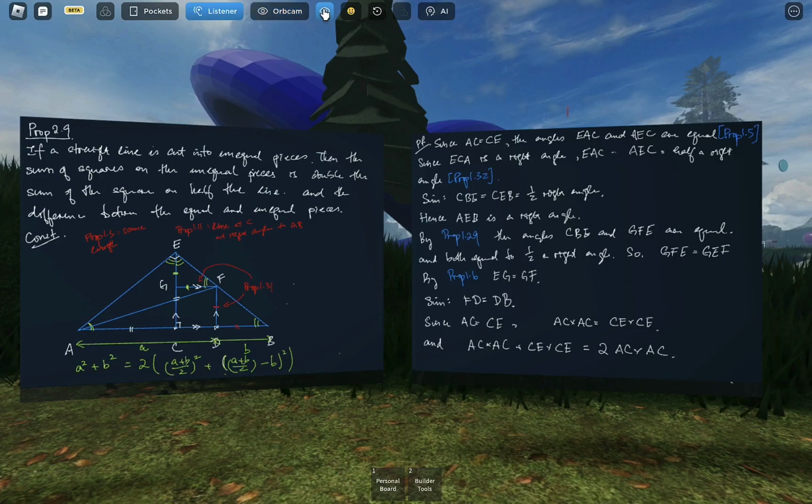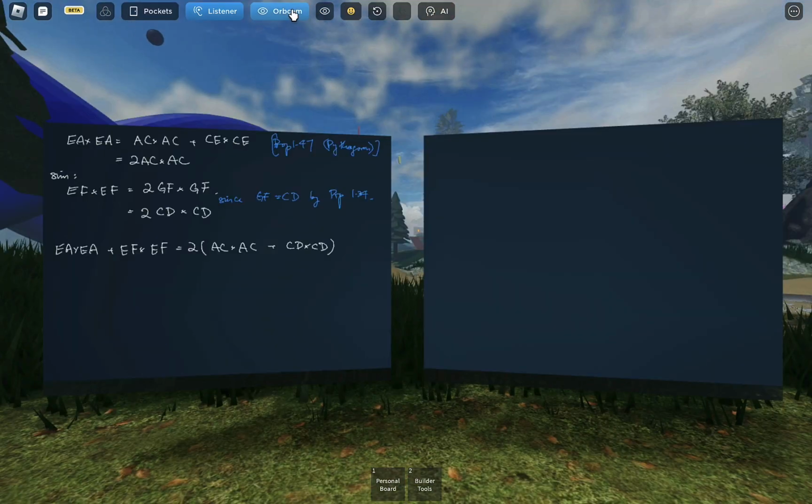Remember, we spent some effort in proving that the angle AEF is a right angle, so we're going to use it now. The algebra up to this point didn't use any of the geometrical proof, and now we're actually going to use what we did.